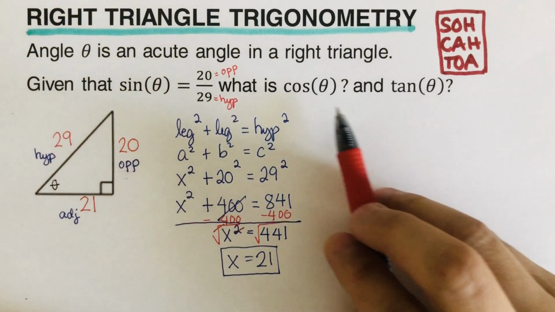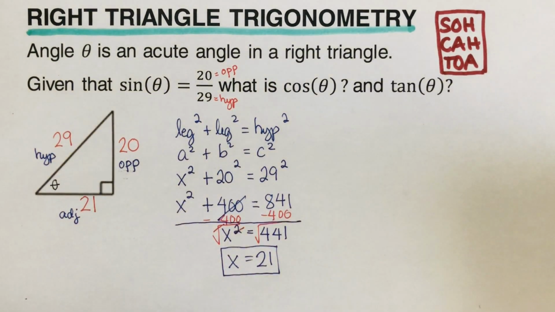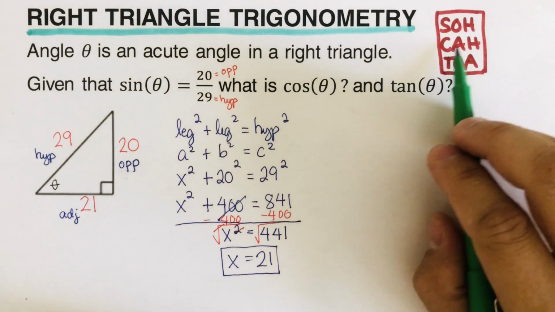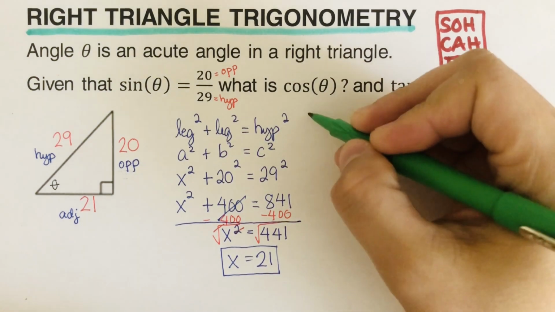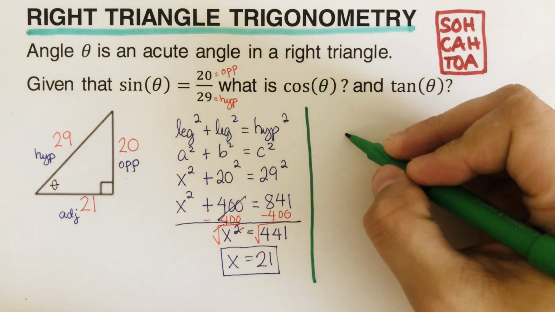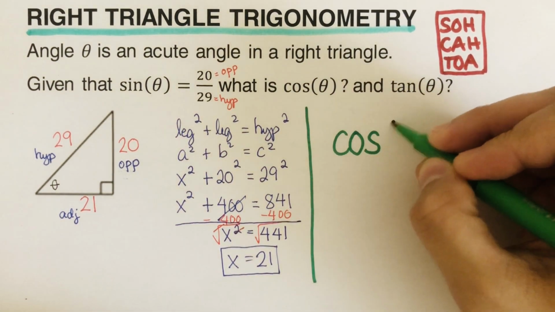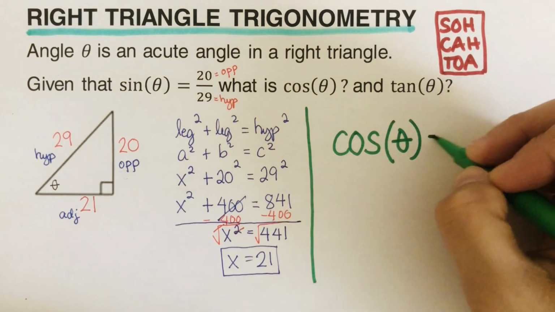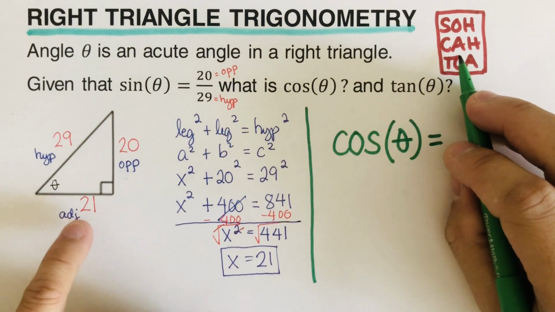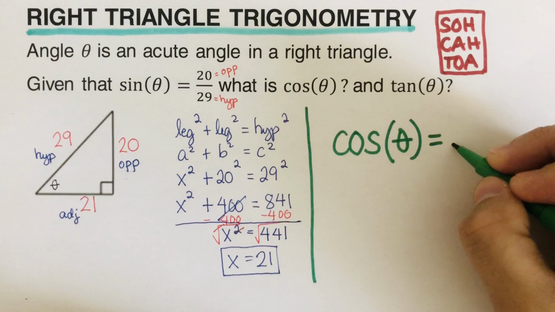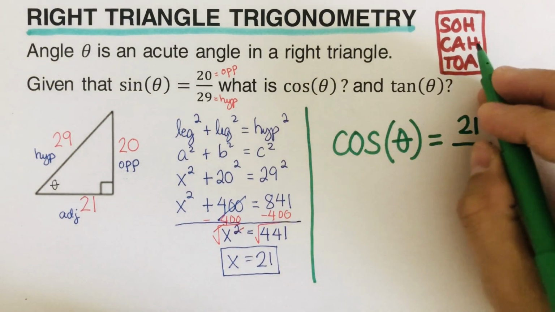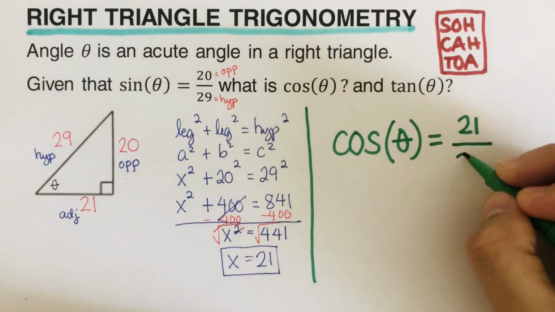From here, we can determine our cosine theta. Again, the formula for cosine is adjacent over hypotenuse. So cosine theta is equal to adjacent 21 over hypotenuse 29.